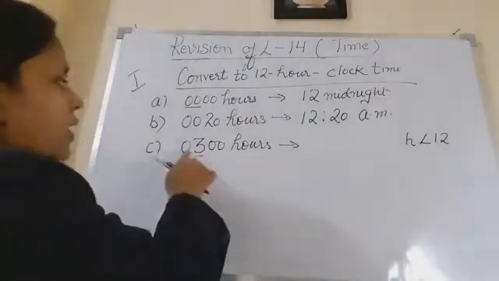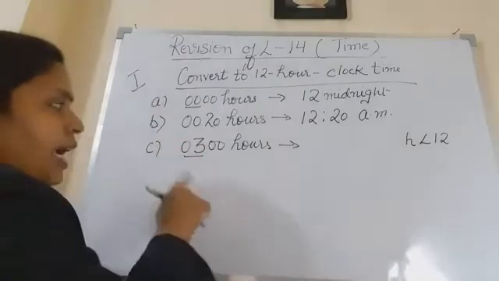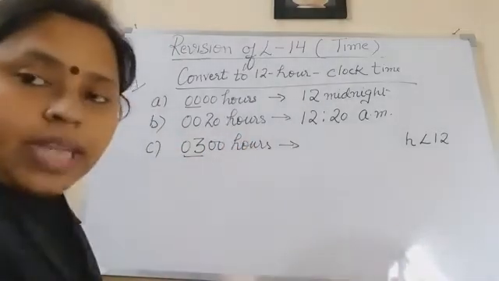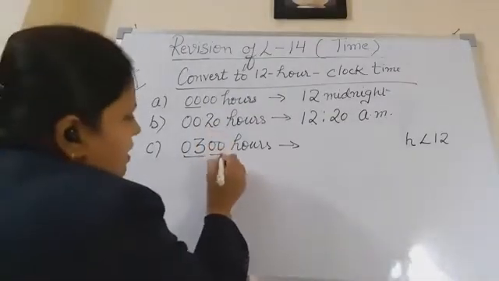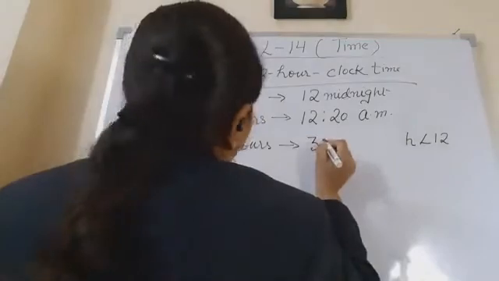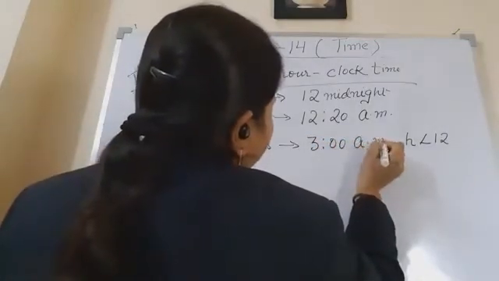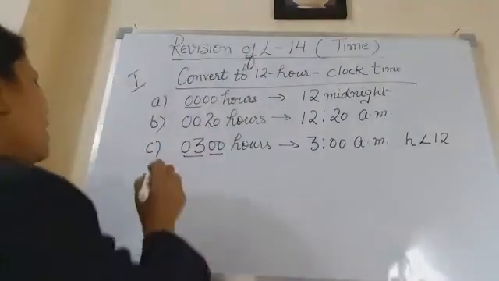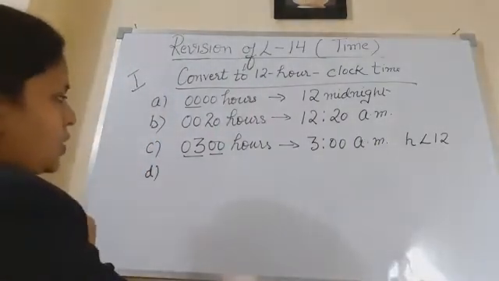Okay. So if the hour is not 0, but it is less than 12, that means the time in 12-hour clock time will be in AM. Okay. And here the minute is 0. So you will write this time as 3 AM.